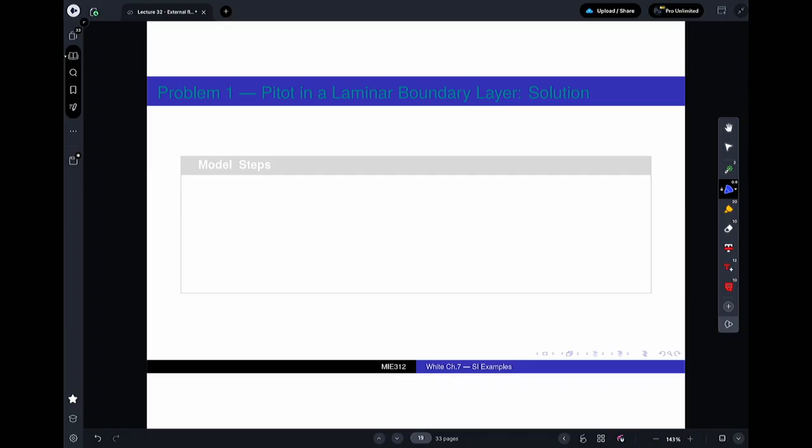So in terms of what we'll look at, we have rho of the oil, which is 0.827 times 998, which is approximately 825 kilograms per cubic meter.